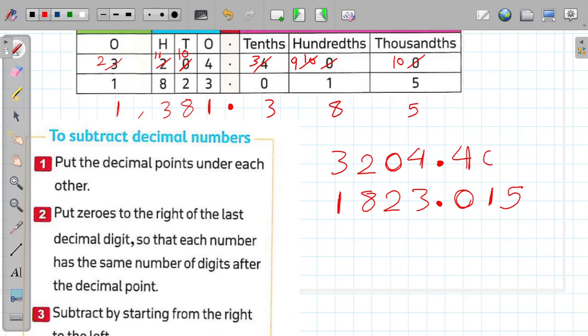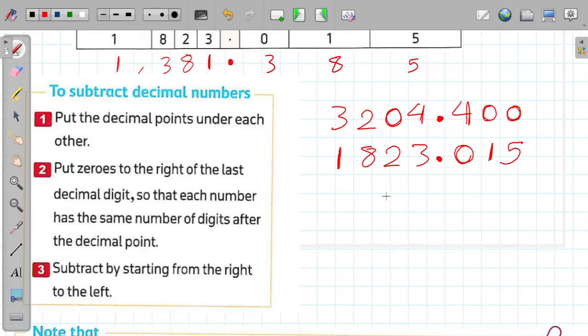So I put 2 zeros like this, and after that I will subtract, starting from the right to the left, okay? So I will subtract 0 minus 5, it can't be, so I will borrow from 4, it will become 3, and 0 becomes 9, and 0 becomes here 10.